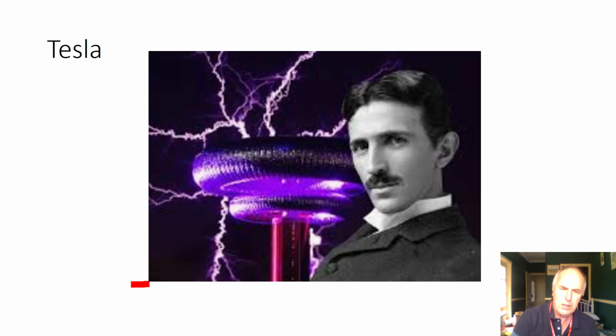And besides him is an air-coupled transformer, so there's an air core in it, so therefore it can go to very high frequency. At very high frequency you can get very high voltage step-ups and the Faraday effect.